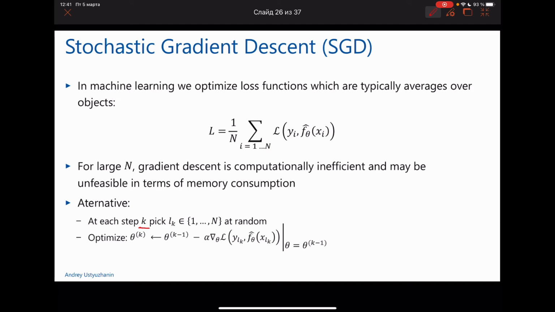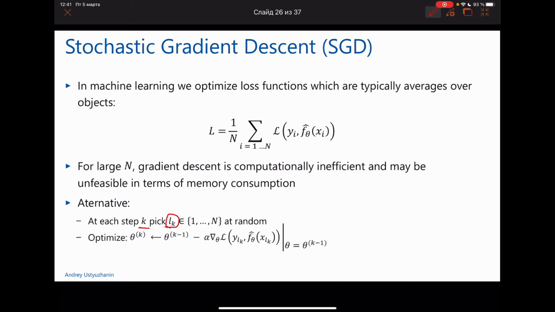So we optimize it only for, I beg your pardon, for every step k, we pick l_k elements at random. And it could be a constant, or it could be a number that changes over the gradient descent procedure.